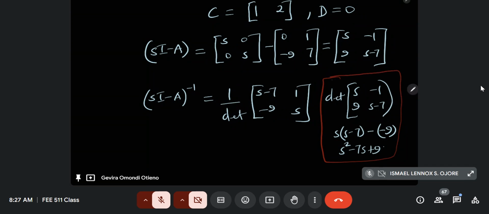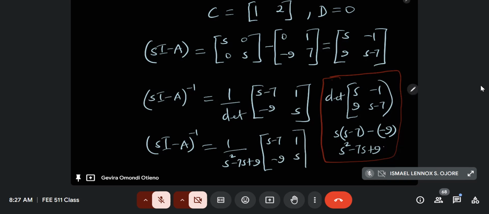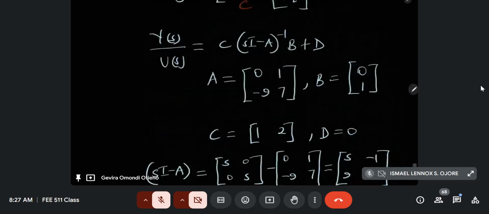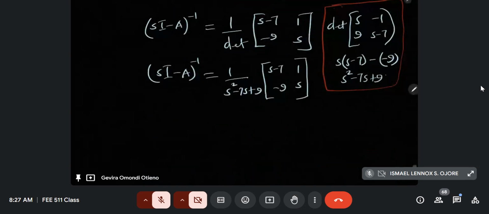So now I'll have here SI minus A inverse should be 1 over S squared minus 7S plus 9 into S minus 7, 1, minus 9, S. Okay, and that is the first part. Remember, I've just obtained this. Now I need to include all the other vectors or matrices where necessary.